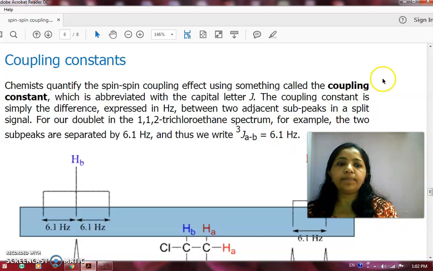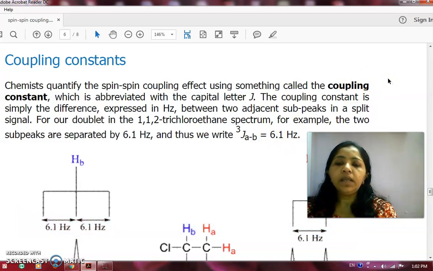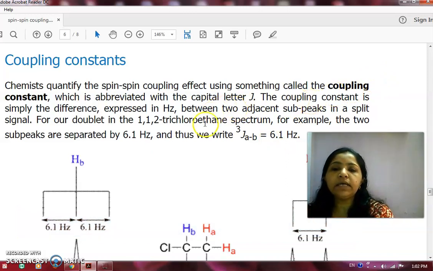Discussing coupling constant. The coupling constant is the gap between the split peaks. Chemists quantify the spin coupling effect using something called the coupling constant, which has the notation J. Now, what is this?